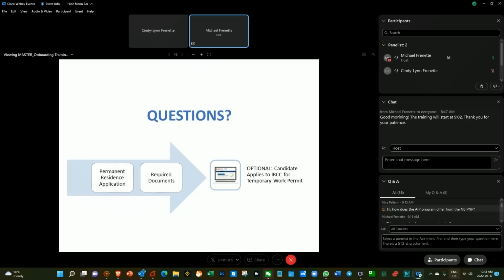Your candidate will receive a request for biometrics. In some cases, candidates may have provided biometrics in the past, but for the purpose of permanent residency, they will need to undergo biometrics again, just to ensure that no criminality or immigration issues have happened between when the first biometrics were provided.